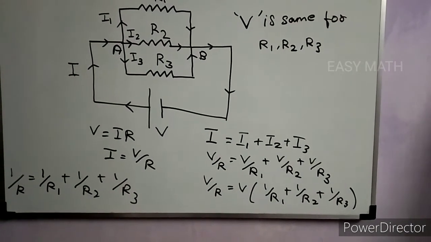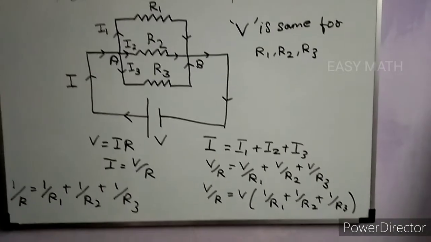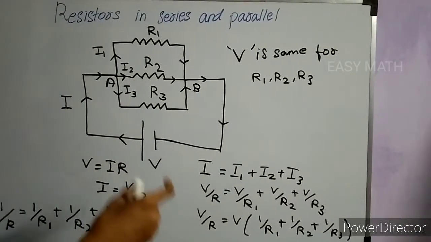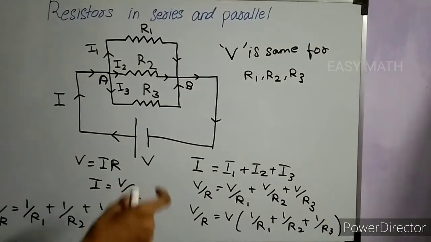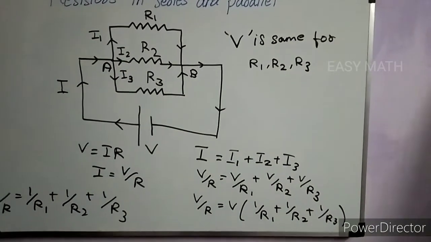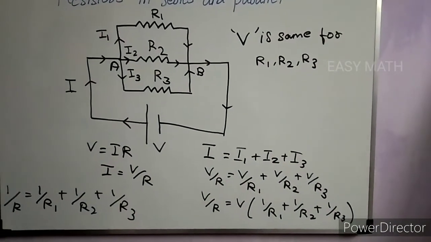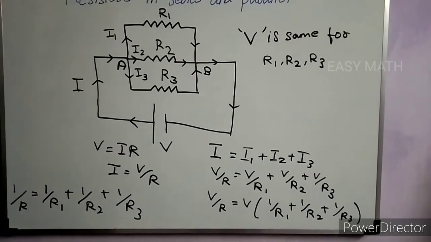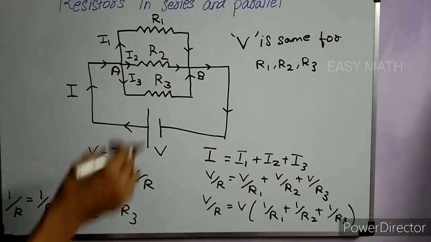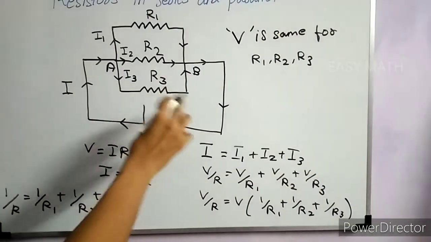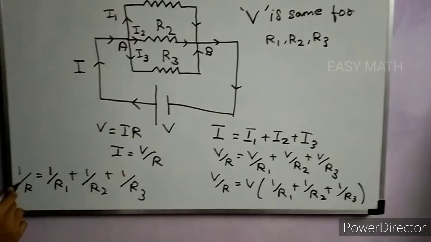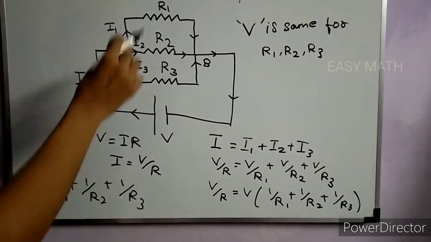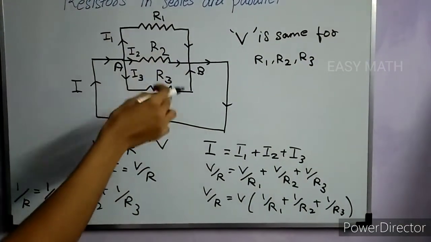Characteristics of resistors connected in parallel: the total current through the circuit is equal to the sum of individual currents through each resistor. Another important point is that equivalent resistance is smaller than the smallest value of resistor. That is, R is smaller than the least value among R1, R2 and R3.